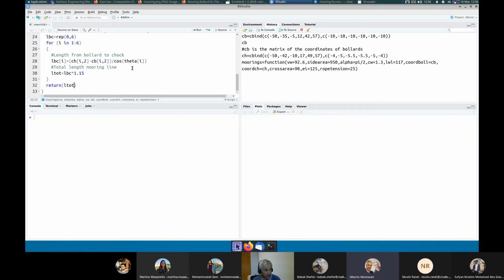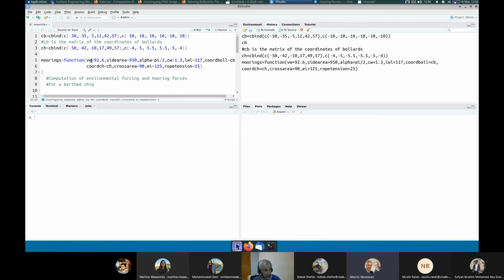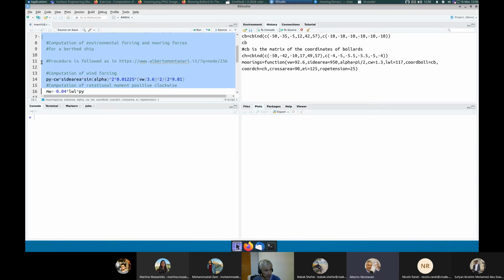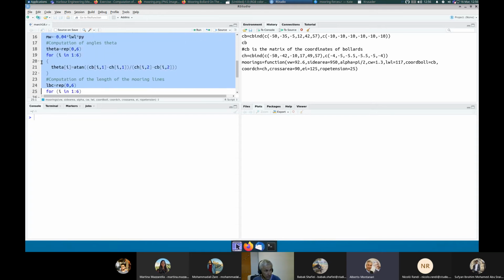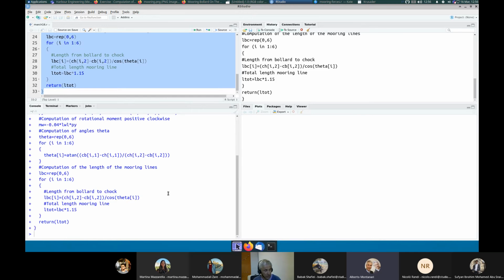And now let's run the instructions that I didn't run yet. So all the instructions for the definition of the function, let me select all of them. Good. And then let's press run.